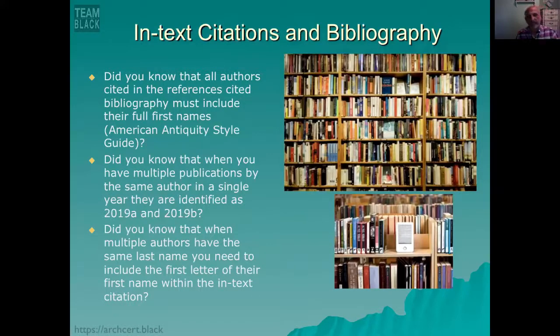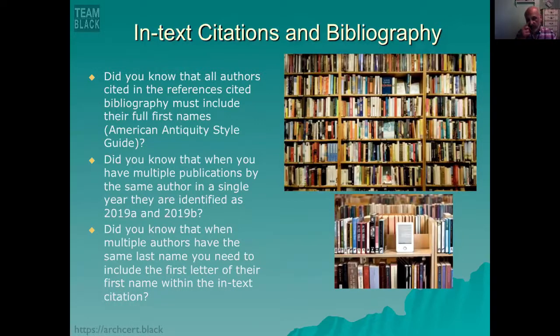Also, I understand that if you're using the American Antiquity Style Guide, you have to use the full first names of all your authors, and they expect to be seen in full. Often, I find that that's not done, but according to the Style Guide, that's what they accept, and that's what they expect.